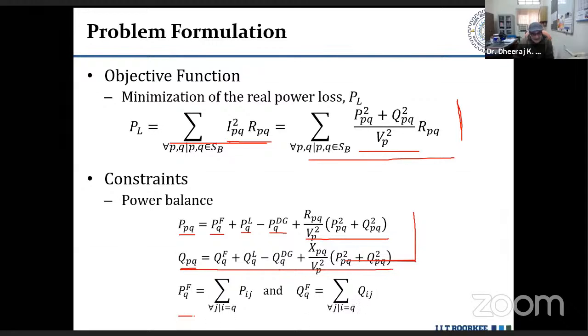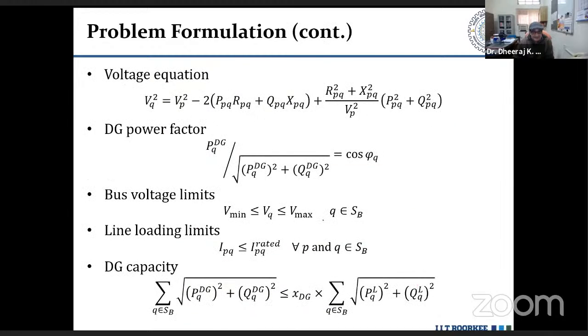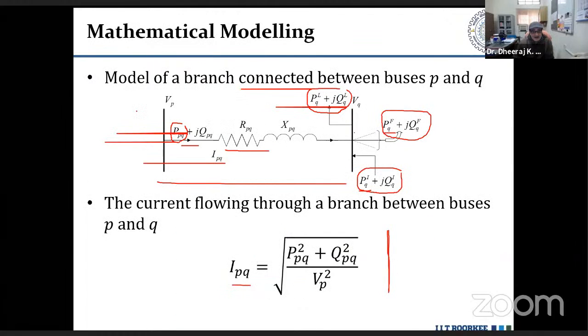And this is the flow of power to other branches, that is the sum of all flow for which I is equal to Q. And this is the voltage equation that is relating how the voltage of these two buses are related.